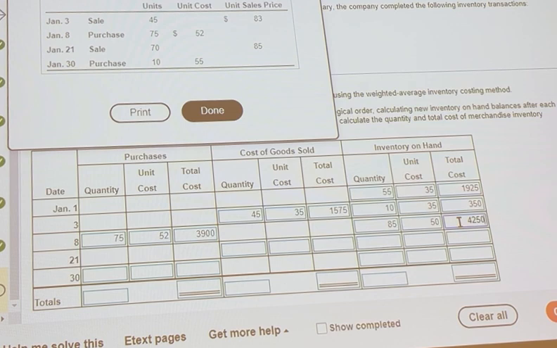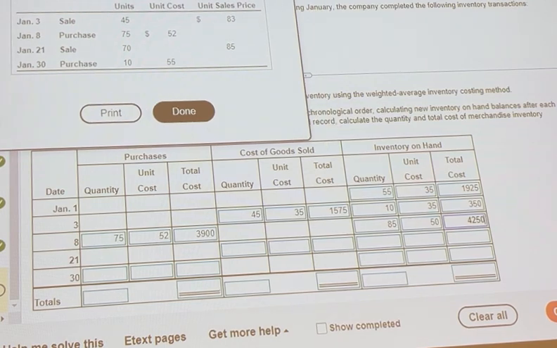Okay, on the eighth of the month, there is a difference now, because remember with weighted average, whenever you make a purchase, you compute a new weighted average. So, let's see.